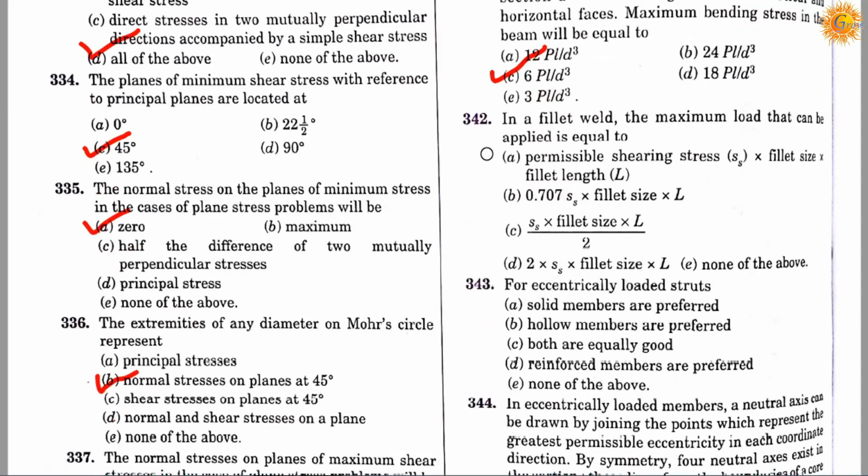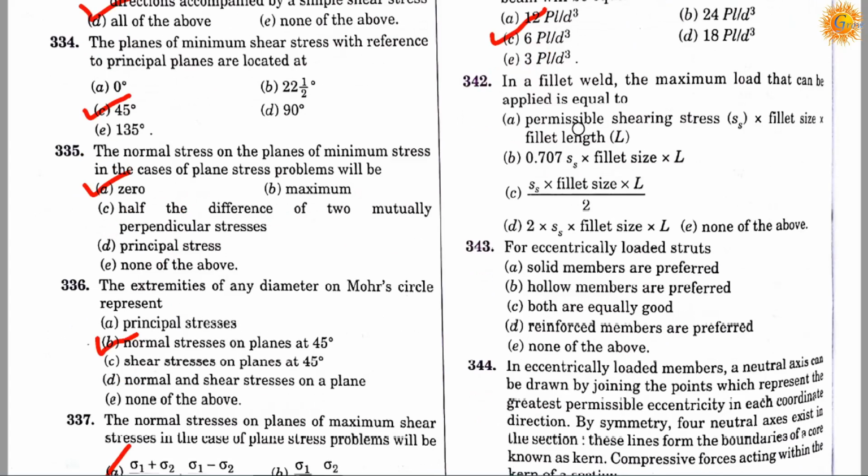Question number 342. In a fillet weld, the maximum load that can be applied is equal to: option A, permissible shearing stress S subscript S into fillet size into fillet length; option B, 0.707 S subscript S into fillet size into L; option C, S subscript S into fillet size into capital L divided by 2; option D, 2 into S subscript S into fillet size into capital L; and option E, none of the above.